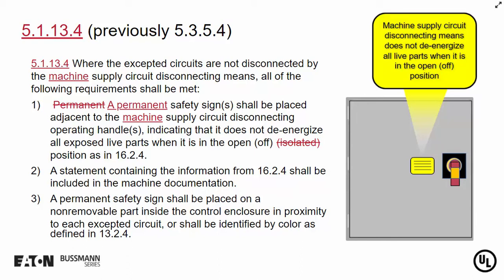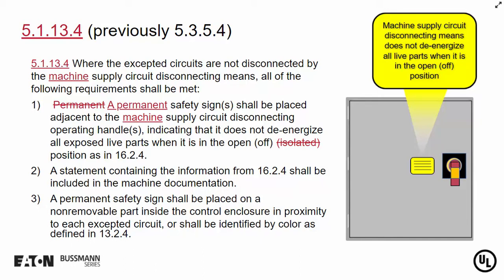And you can see in the picture of the enclosure we see on the right on the slide, we have a label that's blown up to show you the words that are necessary to make it very clear to someone that when they open that disconnecting means that there are live circuits somewhere, and most likely they are somewhere in that panel.